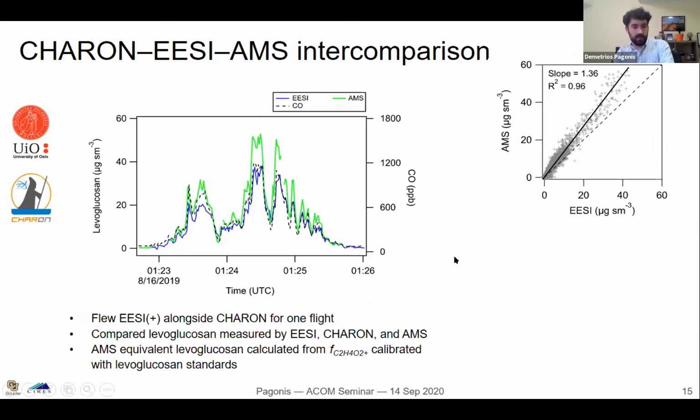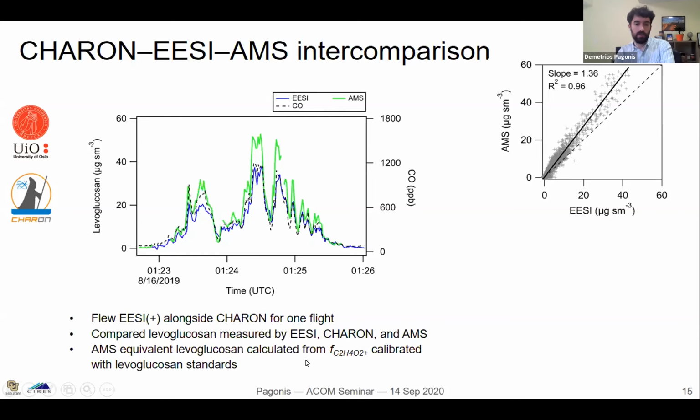In order to demonstrate that we are quantitative, we have a nice 3-way intercomparison between a Sheridan instrument flown by Armin Wisthaler's group for one flight, the EESI, and the AMS that was flown by our group. So what I'm showing here first is, once again, EESI in blue and carbon monoxide in black.